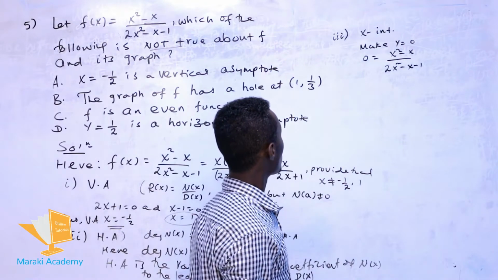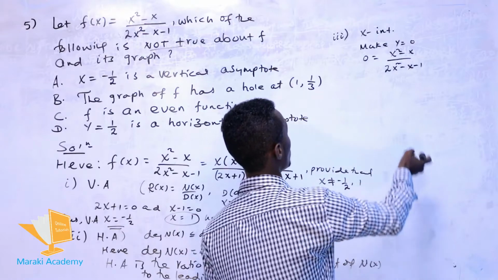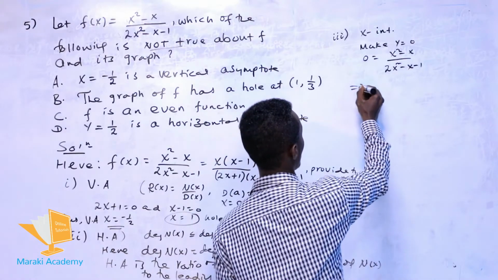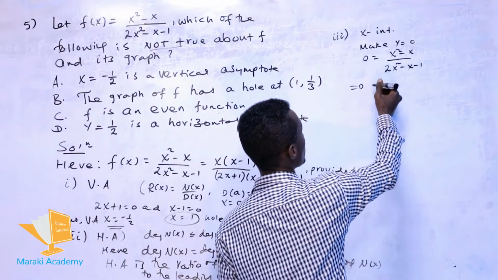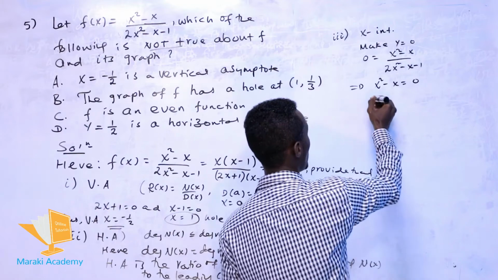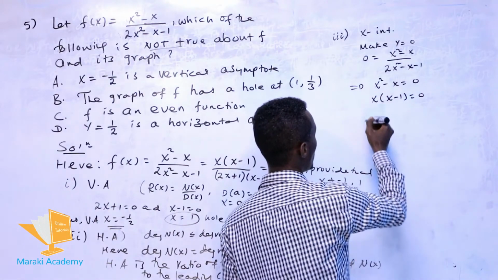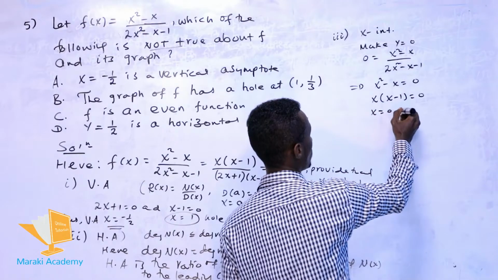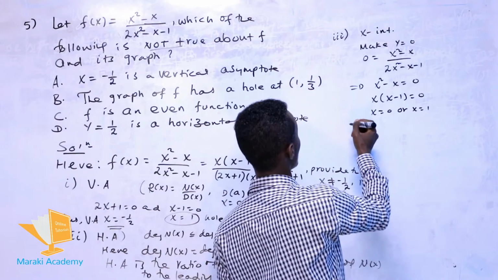This implies the numerator x square minus x which is equal to 0. So x into x minus 1 which is equal to 0, so x which is equal to 0 or x which is equal to 1.